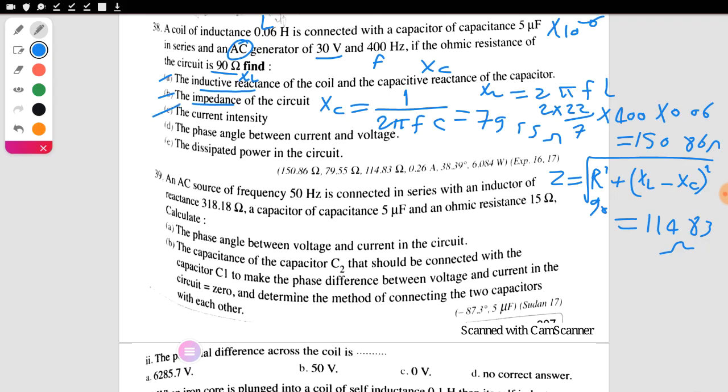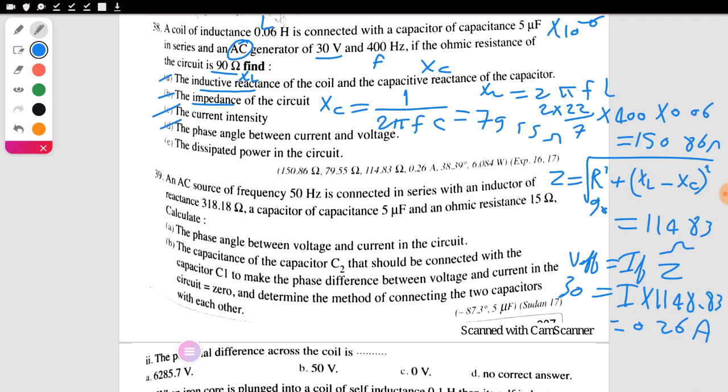Find the intensity of the current: V effective equals I effective Z, V effective equals 30. From this we determine the current intensity, which equals 0.26 ampere.